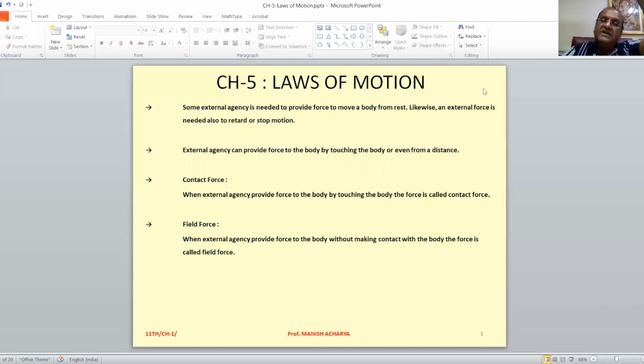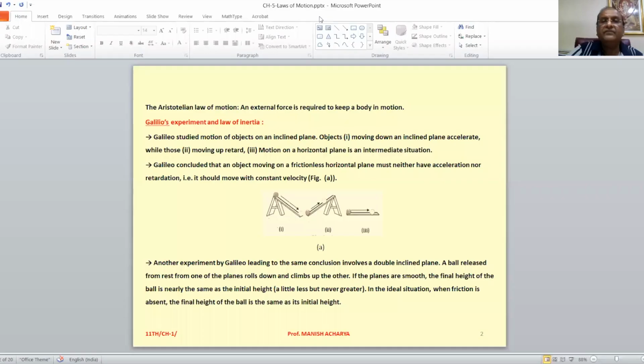If any object is placed in the gravitational force field, automatically it will move towards the surface of the earth, right? If we have a magnet, and in the vicinity of the magnet we place an object of iron, then it will be attracted towards it. So here, without making contact, the force is exerted on the body, and that is called field force. Clear to all of you?